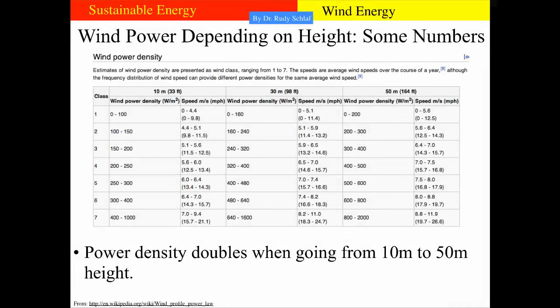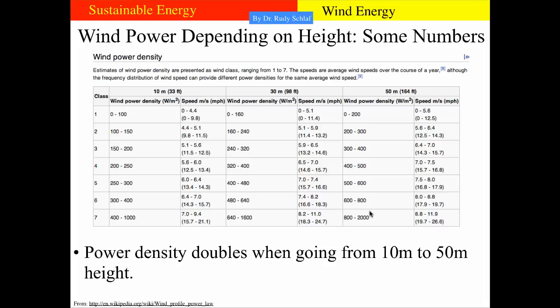This relation between power and height is put into real numbers in this table. And here you see, depending on the wind class from 1 to 7, the velocities and the wind power density depending on the height. And so we have 3 columns, 10 meters, 30 meters, and 50 meters. If you compare between the 10 meters and the 50 meters, the power essentially doubles for all these wind classes.